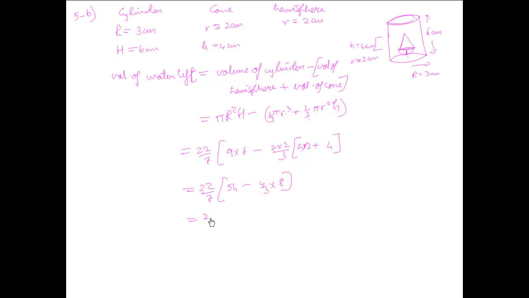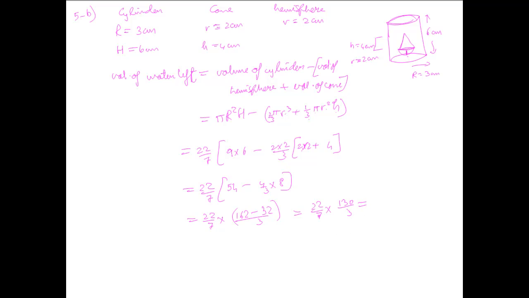We take the LCM, 54 times 3 would come out to be 162 minus 32/3. That gives us 22/7 times 162 minus 32, children, which would come out to be 130/3.